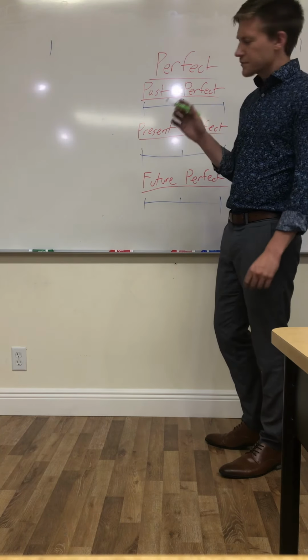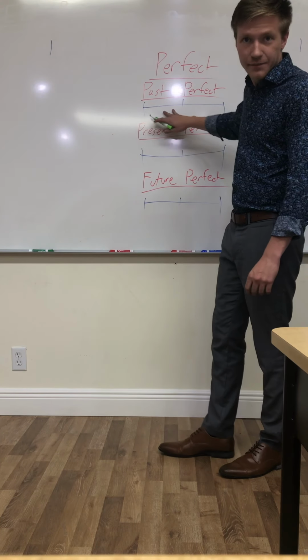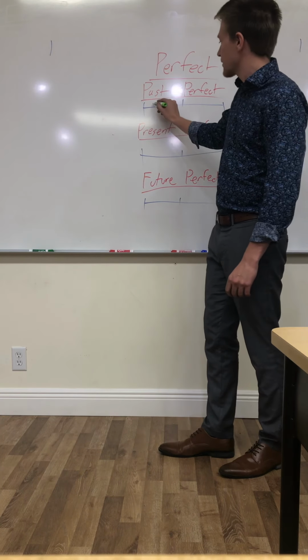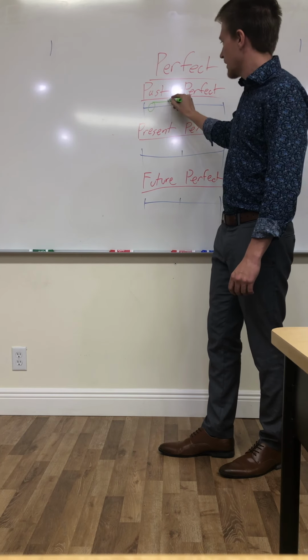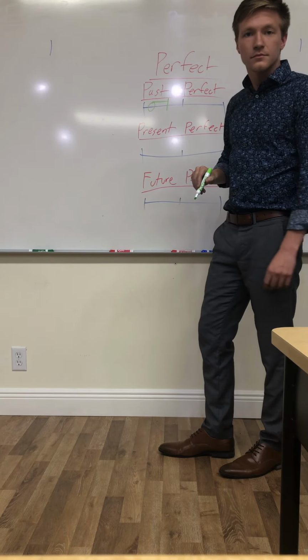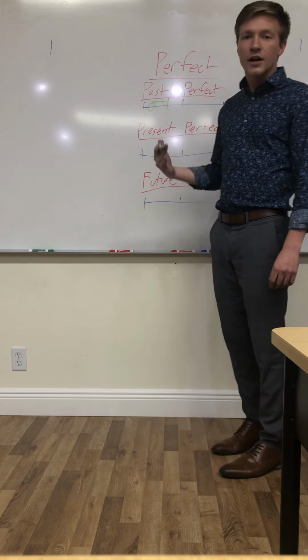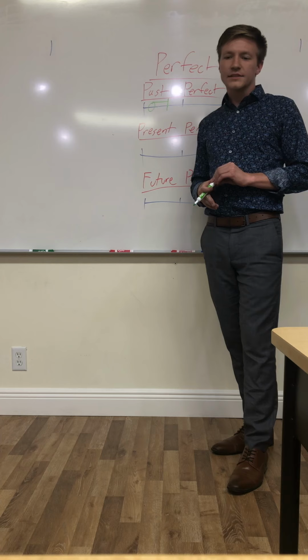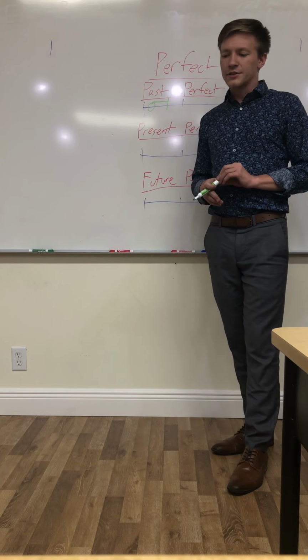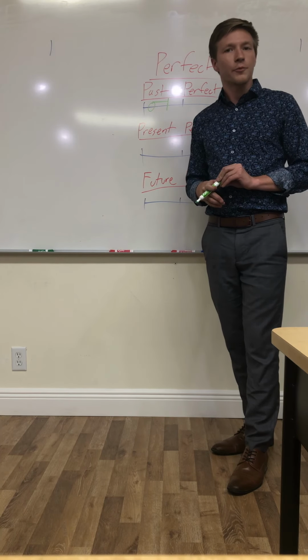Imagine this. In the past, right, I have an action that begins here, goes until here, and ends here. All right? We talk this way a lot. We say, last night I went to McDonald's before I went home.